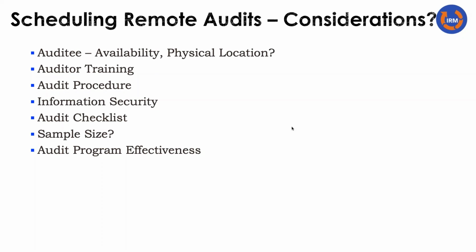Let's stick with a simple example. If it's a construction site and I'm auditing safety induction processes, what I'm trying to get to at this point is that I tend to be more conservative in a remote audit than I do in an on-site audit. If there are 50 people on site, I would normally say I need to see 10 or 15 induction records.